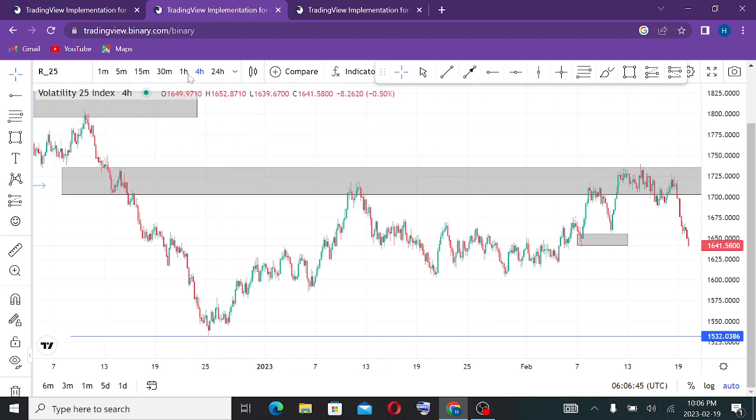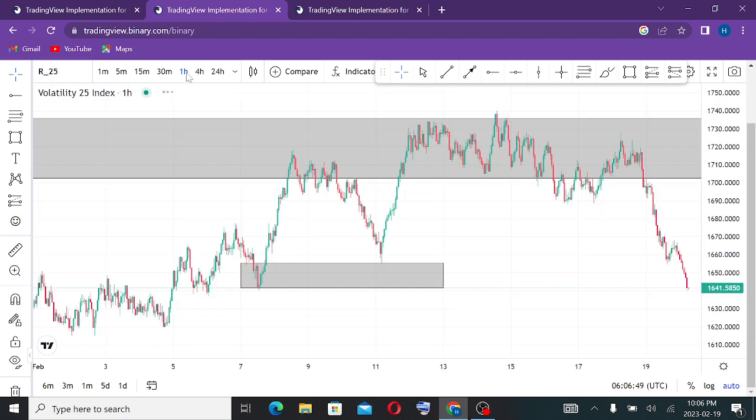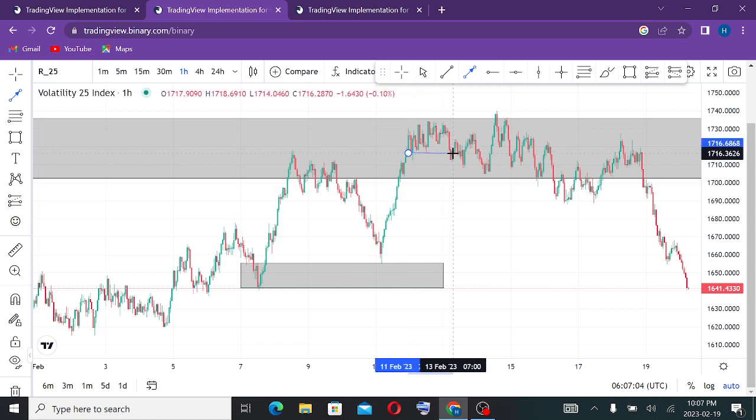Now, another thing to add is, anytime you are trading and you see the market dropping weak rejections from a particular zone, you just have to know that something is going on there and you must work with market structure. So now, what can we see? We can see that inside this area, the market broke structure.